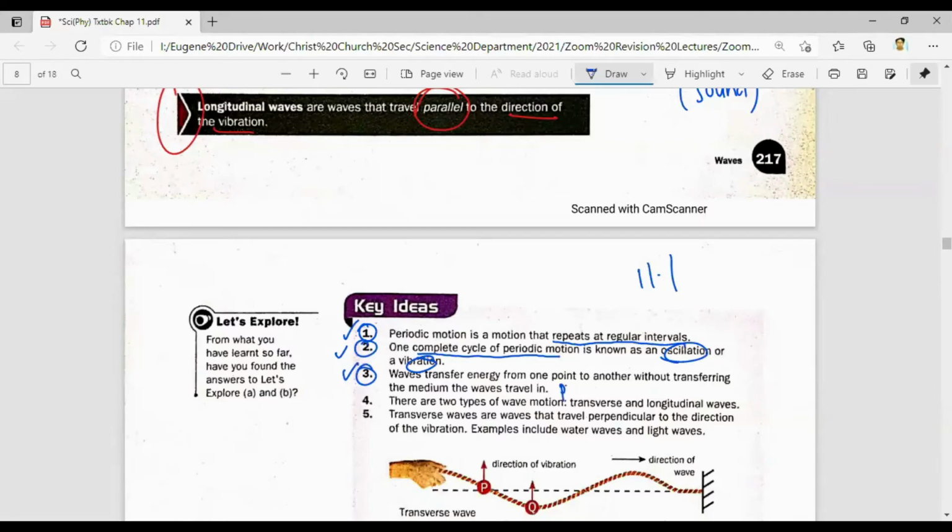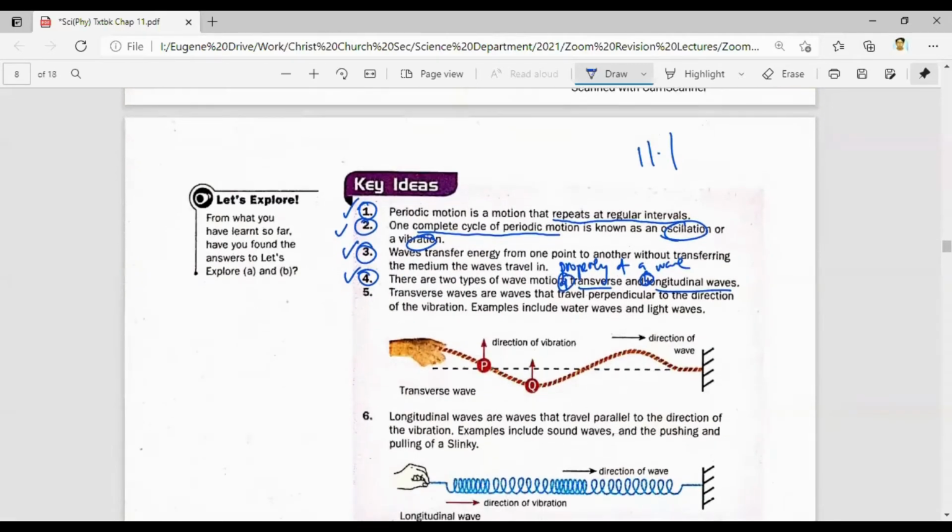This is under the property of a wave. There are two types of waves that we have learnt. One is called the transverse wave, one is called the longitudinal wave. Right, we covered this. And the last two: we learned about the transverse wave and its definition. So the keyword here, perpendicular.